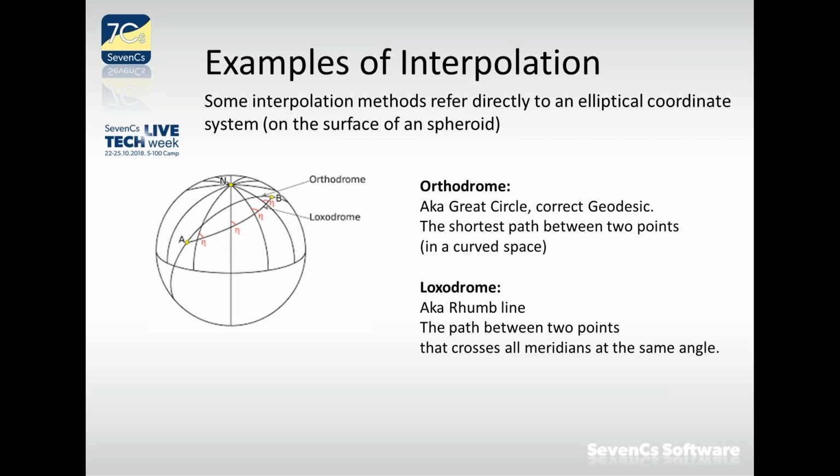And then we have the loxodrome, which is also known as the rhumb line. And this is a path between 2 points, which crosses all the meridians at the same angle. And this interpolation method has a long history in navigation, because this is actually the path most of the ships travel, because their bearing on the compass will be this angle to the meridians.